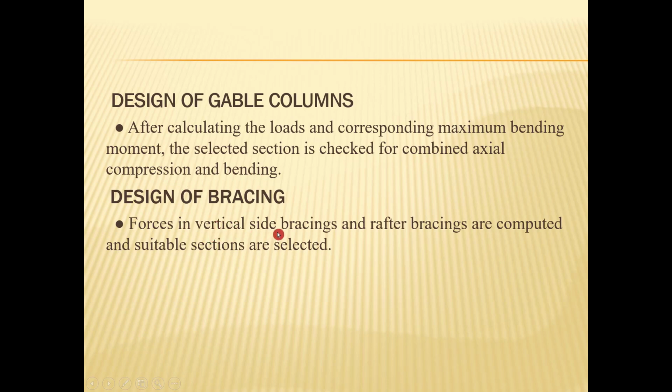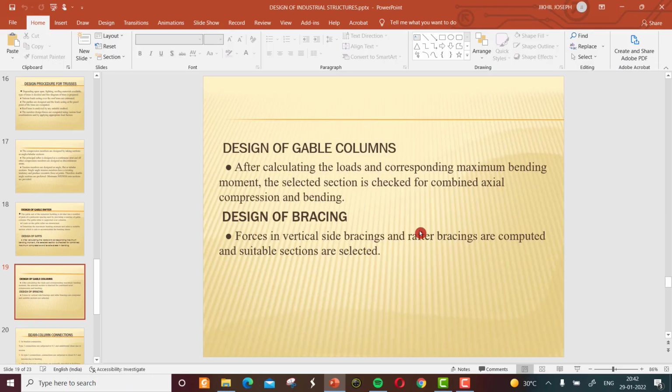And the bracings can be either vertical bracing on the walls or rafter bracings on the roof, and the forces acting on the braces should be analyzed and the members designed. So that's the end of design of industrial buildings in general.